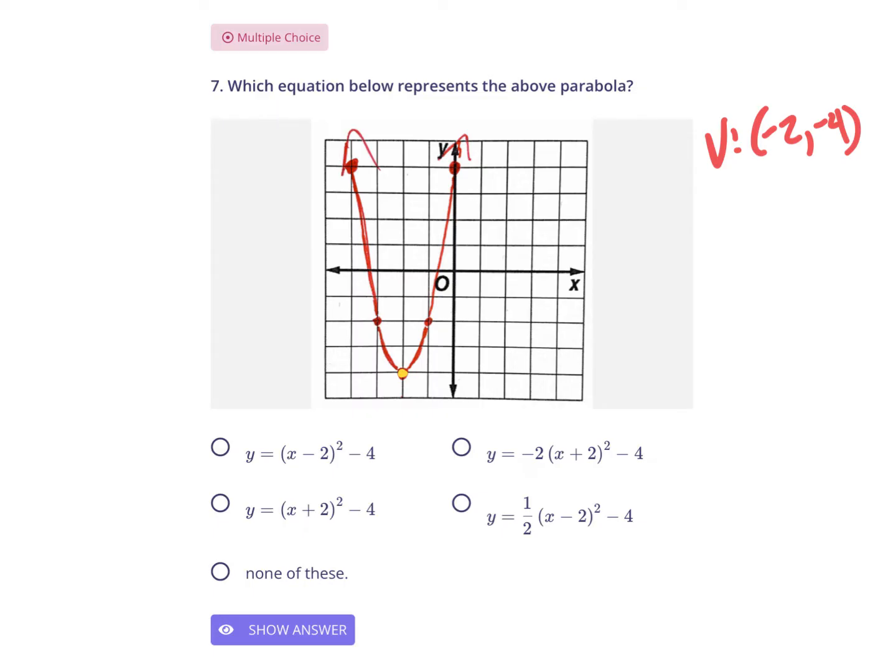Now, we know that the a value of 1 would give us the pattern 1, 1, 2, 4, 3, 9. So from the vertex, do I go 1 over and 1 up? No, I don't. It's actually 1 over and 2 up. So you should automatically think, well, maybe instead of the a value being 1, it's actually 2, which it is.